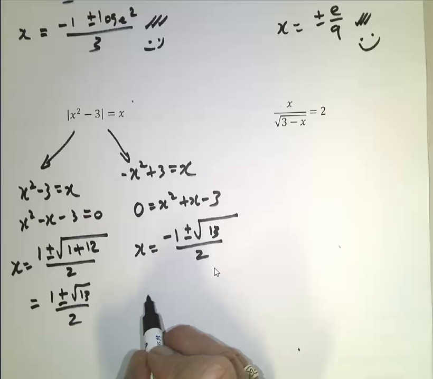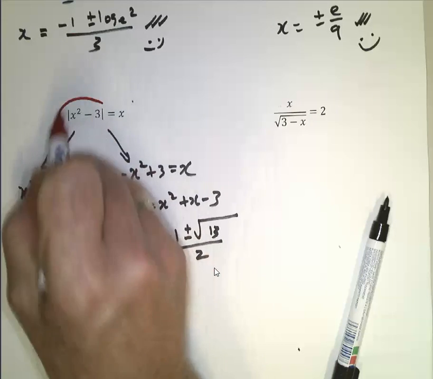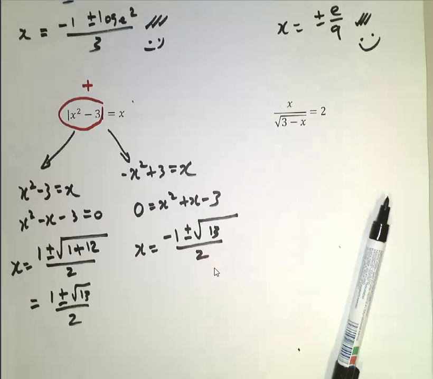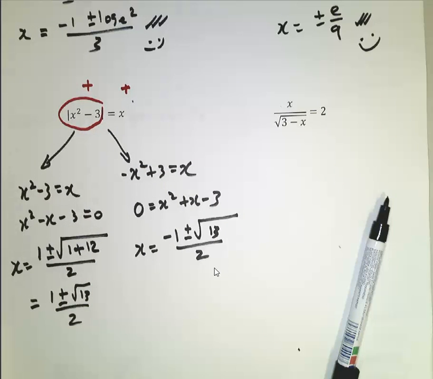Now, I have a little problem here. My problem is, this is always positive because it's a modulus. And if this is what x equals, x must always be positive. Since x must be positive, then I can't accept the answer 1 minus root 13 on 2 because it's negative.